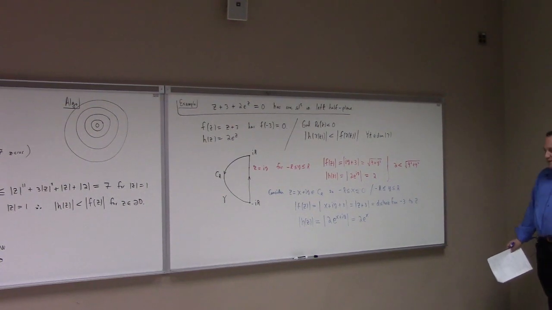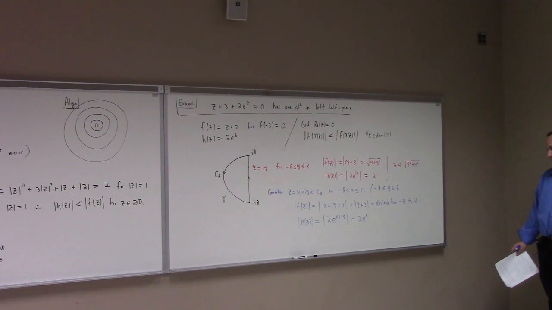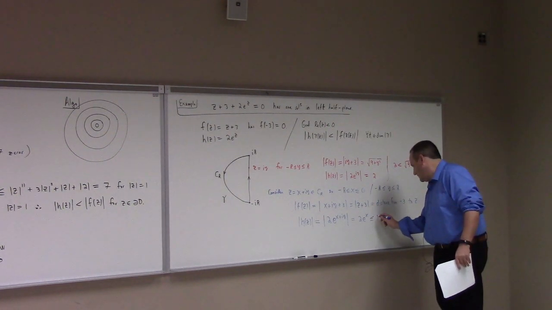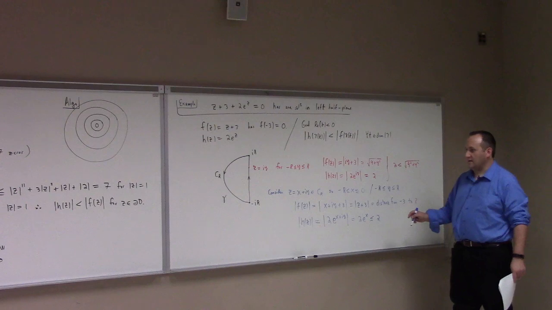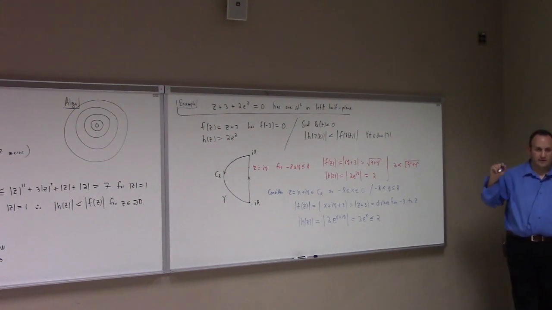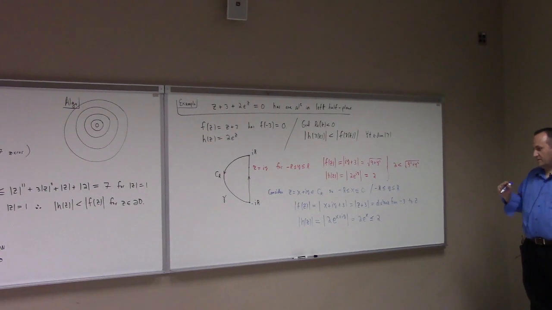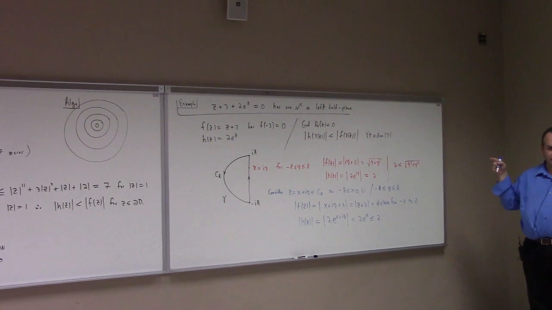So the magnitude of h of z is just 2 e to the x. And what's the largest that can be? Yeah, that is less than or equal to 2, where the 2 is attained up at the top point, or at the bottom point. And for what it's worth, the perturbation is smallest when you're furthest away from the origin, right?